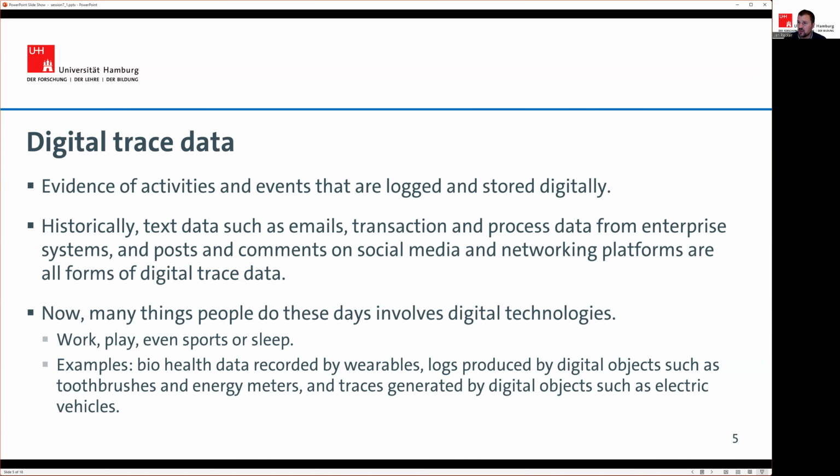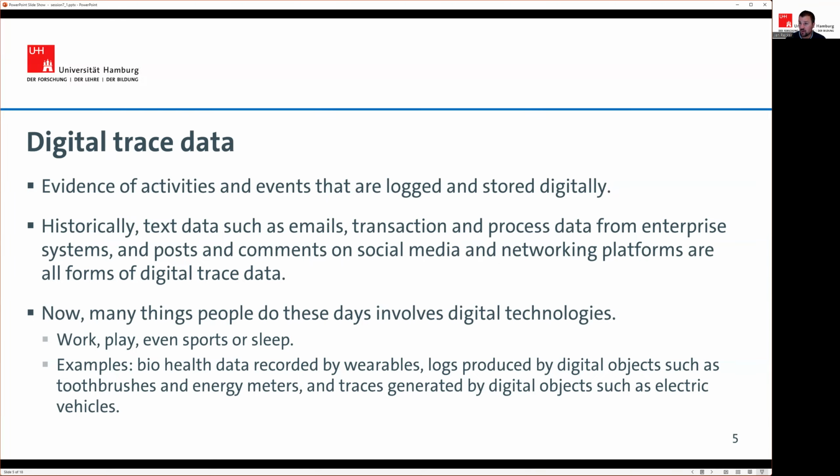What is different is that these digital technologies have permeated basically every aspect of organizational work life. So in a way, work is unthinkable without computers and digital technologies, but also our personal life, right?